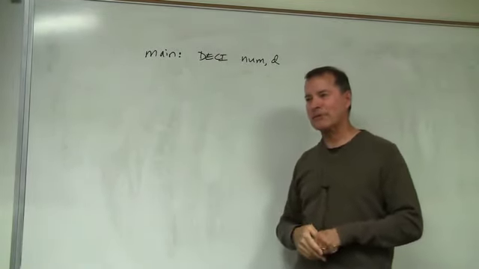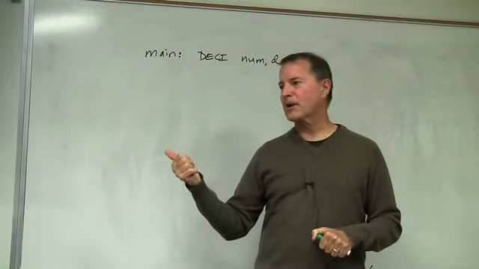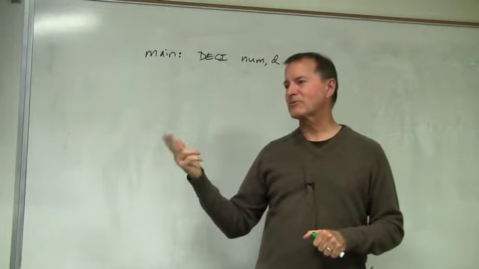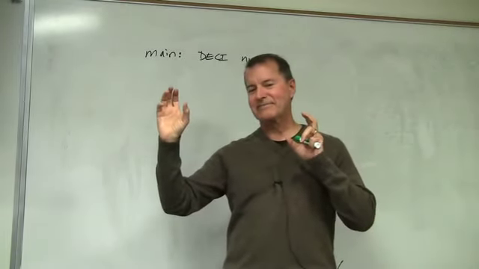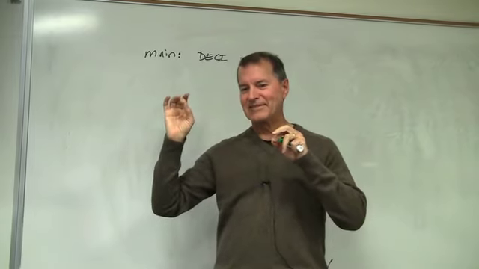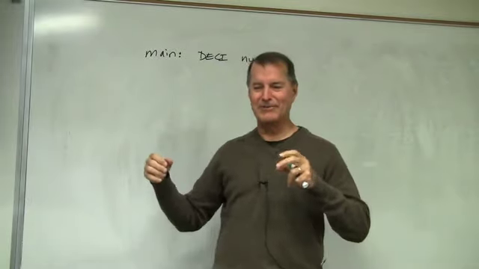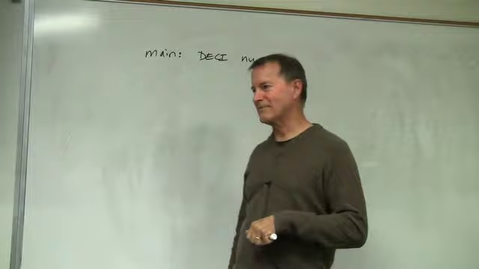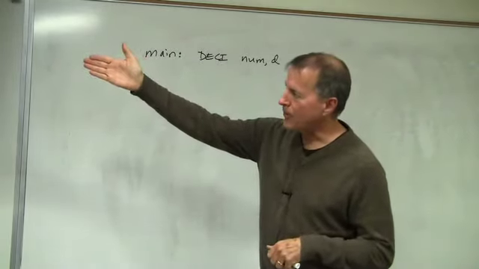What are the four parts of a grammar? Non-terminals, terminal alphabet, production rules, and a start symbol. What's a finite state machine? A set of states, nodes, one of them a start state, some of them final states, and the transitions between them. So now, what is a token?